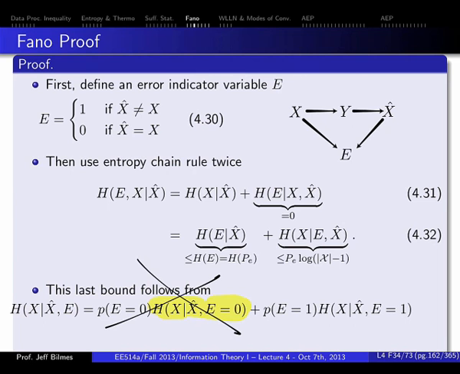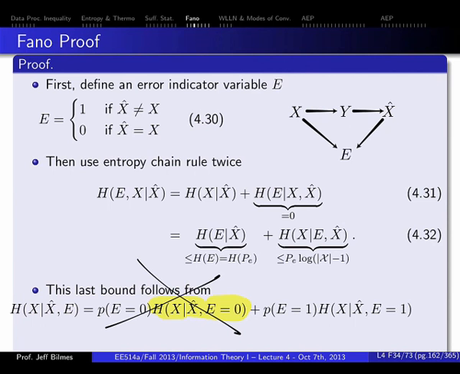And if there was an error and we know x hat, can we upper bound the entropy of x? Well, we have x hat, and we know it's not that. So that leaves n minus 1 additional possibilities. That's a nice upper bound. It's n minus 1, or in this case, log of |X| minus 1, is the upper bound of the entropy.